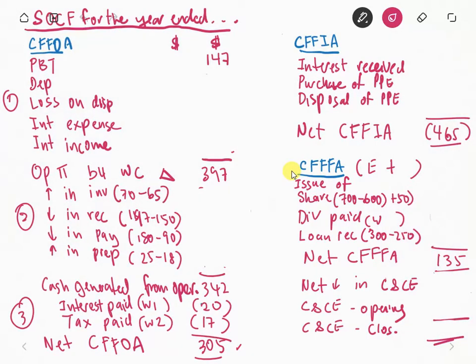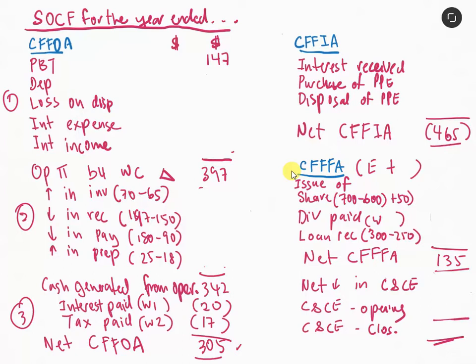So indirect method will be three activities with cash and cash equivalent. We start with cash flow from operating activities, profit before tax, with all the movement, adjustment, movement, and interest paid, tax paid.